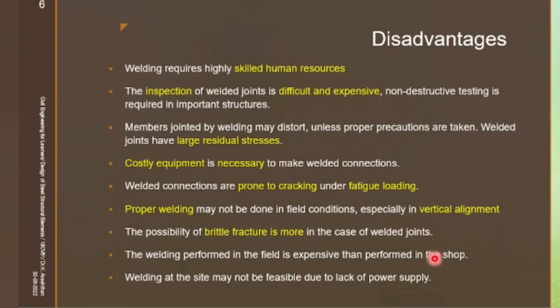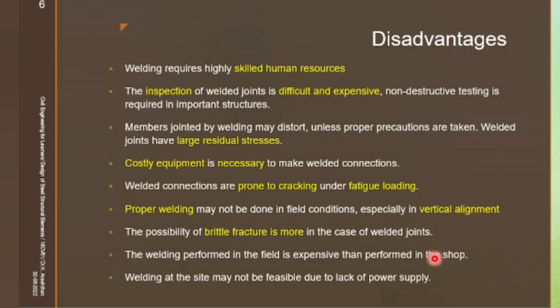So what are the other difficulties when you are doing field welding? Transportation of the material. Even in shop welding you have to transport, so what is the specific difficulty? You have to carry the components: you need a battery, you need all the cables, at each and every point. If the battery is over, you have to refill the battery. Otherwise, you take a direct connection.